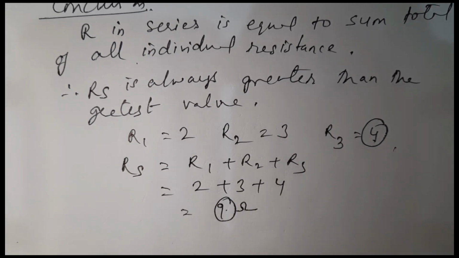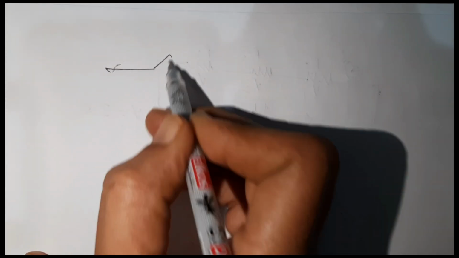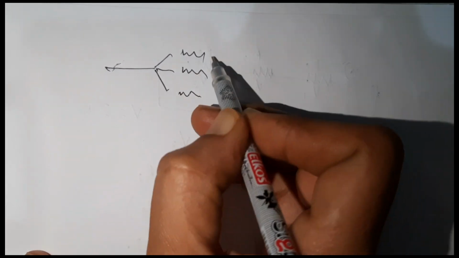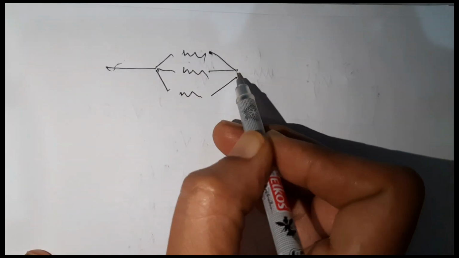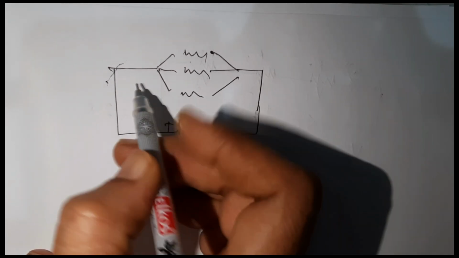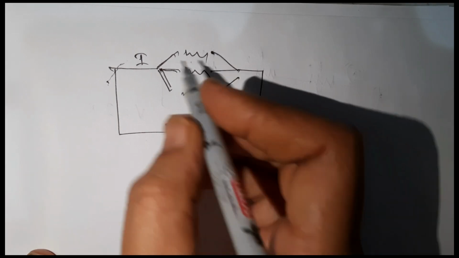Now this series connection can be asked for a 3 marks or 4 marks question as per CBSE. Now resistance in parallel. Current is getting divided in a parallel combination, as the connection is getting divided into 3 parts.